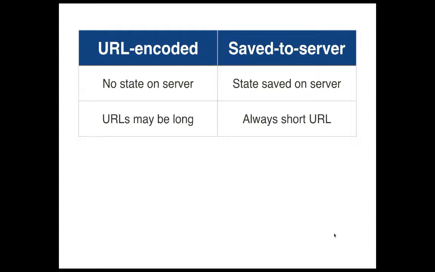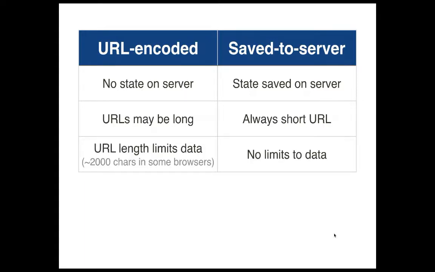But if you have a lot of inputs, or if those inputs have very large values, like a text input with a very long string that somebody's typed in, the URL can become very long, and that can be a little unwieldy if you're sending it to somebody. If it's saved to a server, it's always a short URL. The state ID is always the same size.